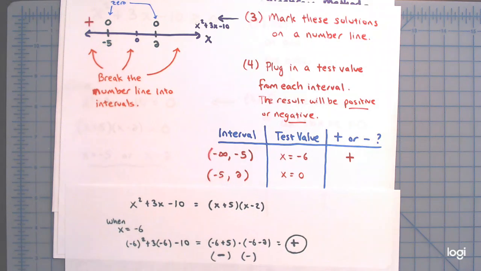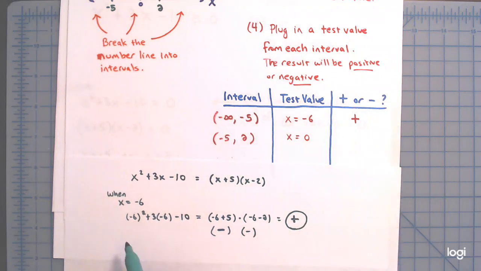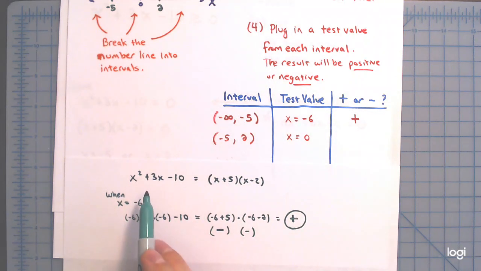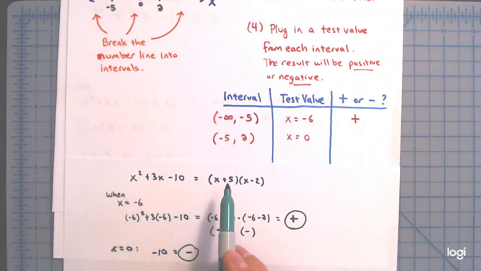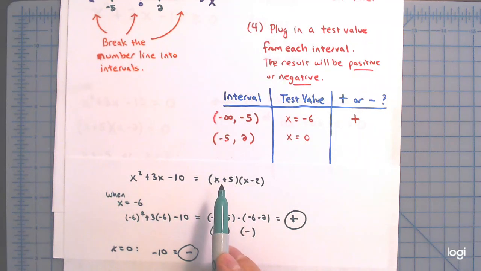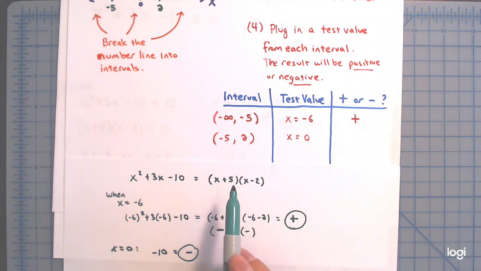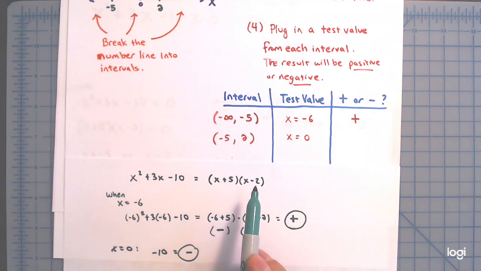Back on my test page, we're looking at this expression again, x squared plus 3x minus 10. When x equals 0, clearly the value is negative, it's -10. But if you plugged it into the factored form, you'd have 0 plus 5, that's positive, times 0 minus 2, that's negative. Positive times negative is negative.